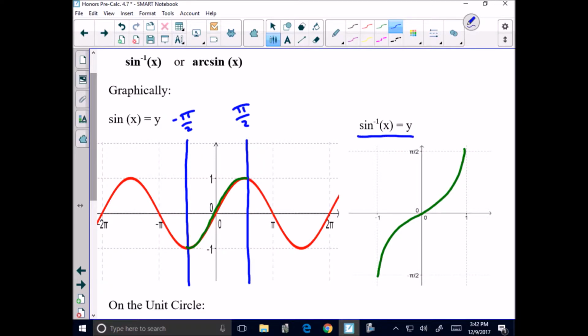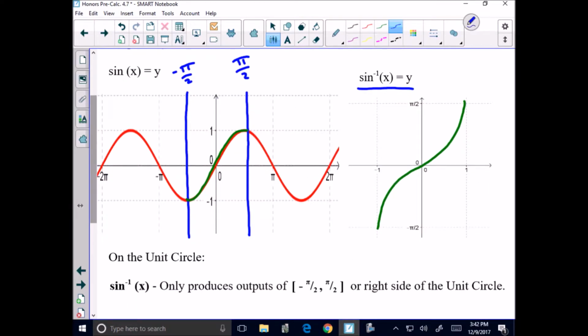So right here, looking at this, we can say that inverse sine is going to evaluate y values as ratios from and including -1 to and including 1, right? And it's going to give us outputs that correspond to those ratios as y values on the unit circle from and including -pi/2 to pi/2.